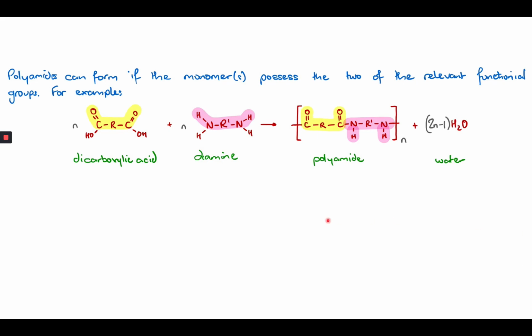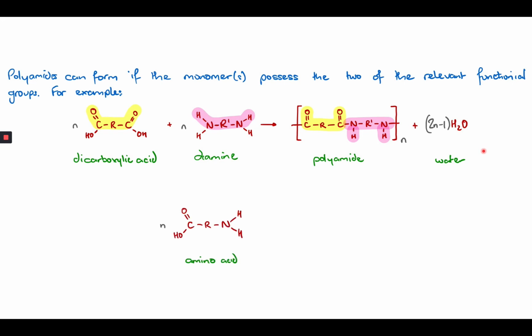You're making the linkages at the end of each molecule. You're going to have 2N-1 waters, because again, at the end of the very long polymer, there will be a carboxylic acid group, and at the other end there will be an amine group. So that's why it's -1. We're producing one fewer waters, but otherwise identical.